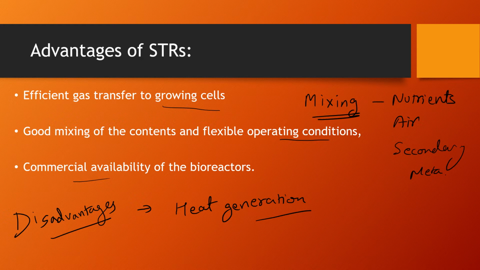The temperature of the vessel will rise, and the microbes present within the bioreactor will start dying, because that is not the optimal temperature. That is the biggest disadvantage of these bioreactors. That is why these are avoided for very large volumes of culture.